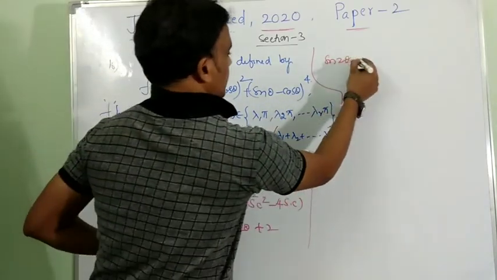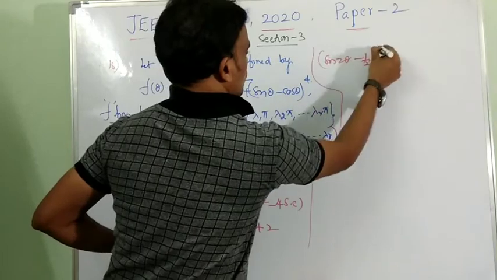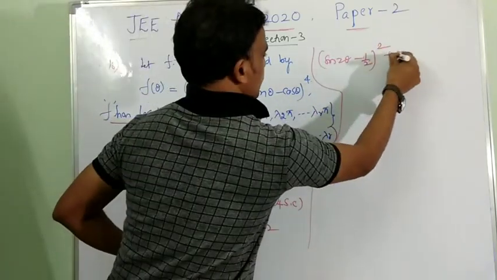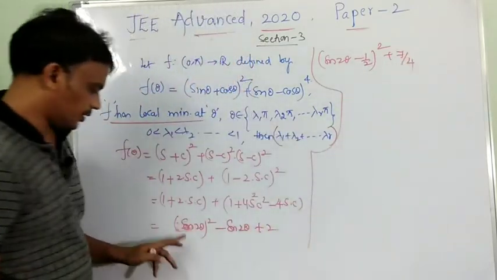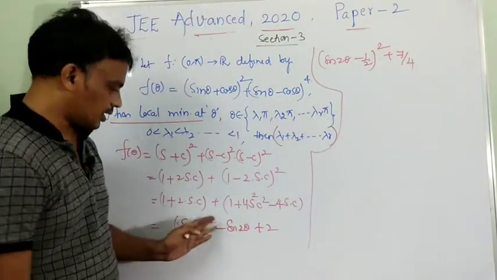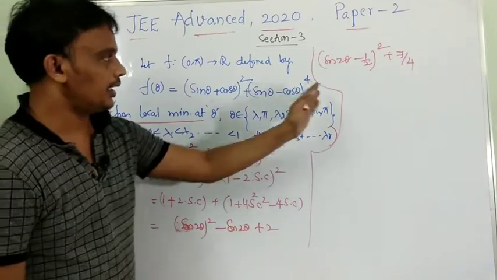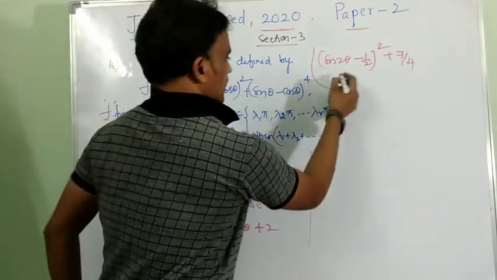Right, so sin 2 theta minus 1 by 2 whole square, and plus 7 by 4. Which can be written in the form of a square minus 2ab plus b square, adding 1 by 4 and subtracting 1 by 4. Like this we will get.